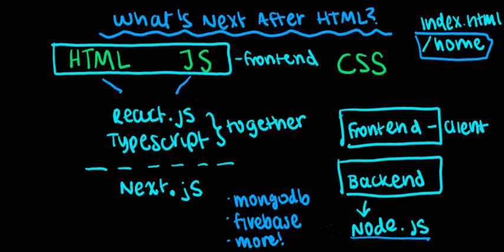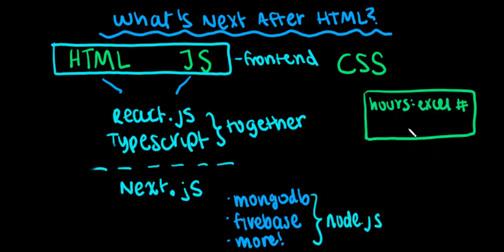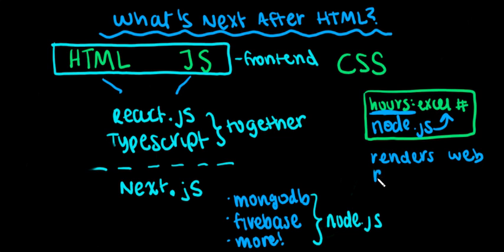So for example, if you have an Excel sheet and it has a number of, let's say, hours, and you want to display that on your website, you can try to display this using Node.js, but what it's going to do is put hours on the website so they can see that, and then it'll put the number, because it renders the website, then it pulls the data, so then it would run the Excel, and then it'll put the data on the website.